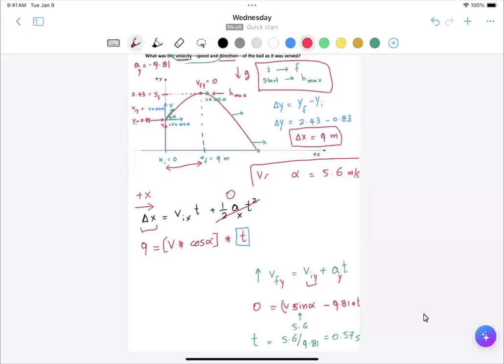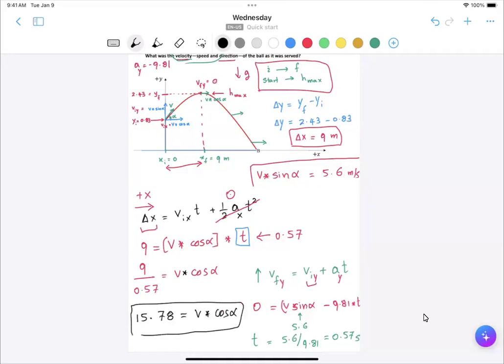We have v times sine of alpha, and plug the time answer in: 9 divided by 0.57 is equal to v times cosine of alpha. When you do the math, you get 15.78, which is equal to v times cosine alpha. There we go.